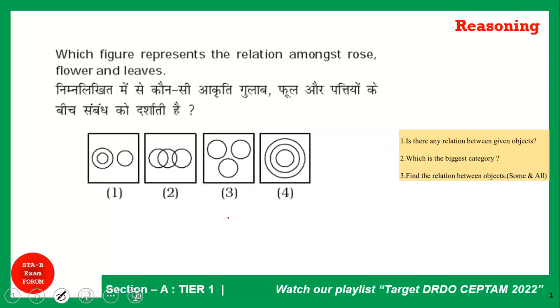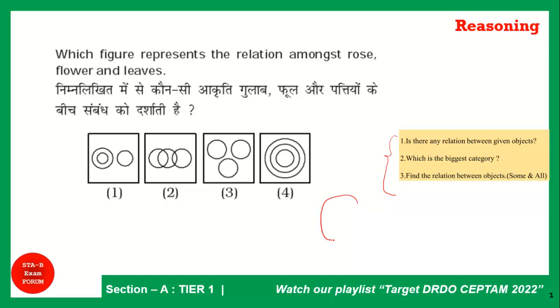Coming to the next question. Which of the following represents the best relationship between rose, flower and leaves? Is there any relationship between given objects? Yes, all these are parts of the plant. Which is the biggest category? Flower is the biggest category.